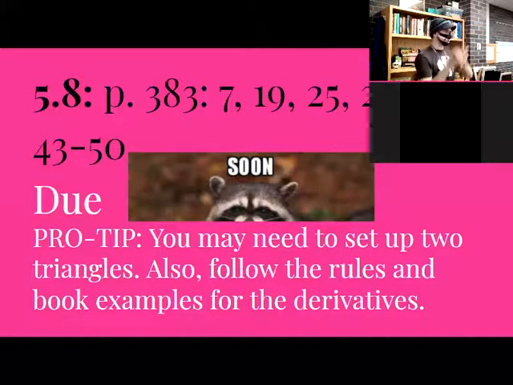Well, plug in 3x in the appropriate places, find its derivative, put it there. Again, there are some rules and book examples for the derivatives. They're helpful. You can just see them and follow them through. There isn't anything too wild or crazy. Otherwise, I would have put another 1 or 2 up here. But I'll gladly answer questions about them as we go.